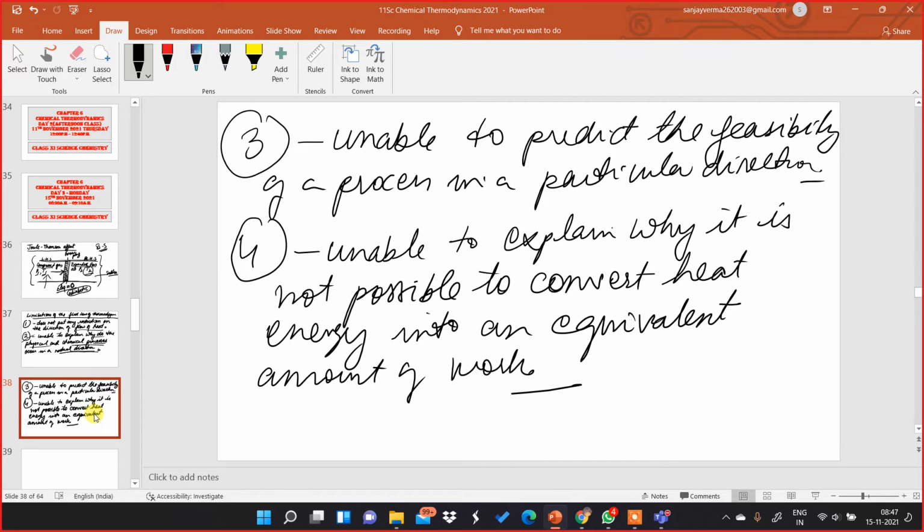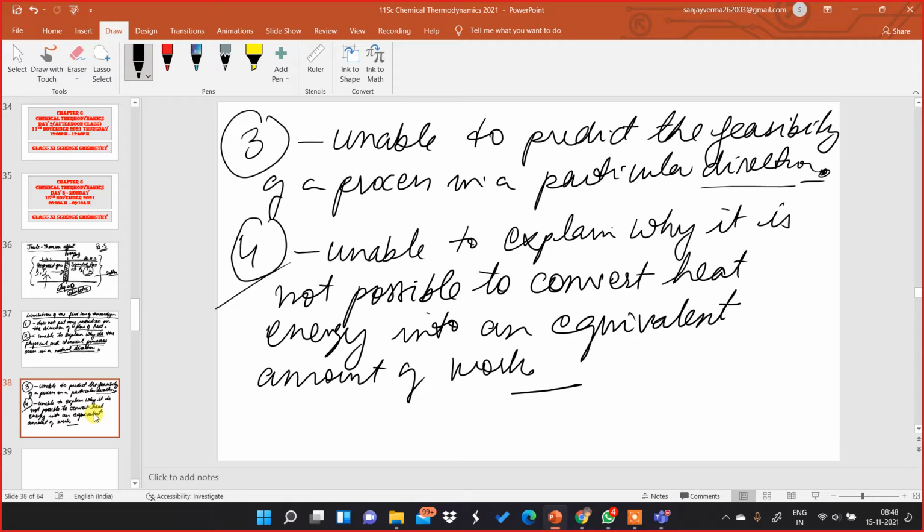Then the third one is that the first law of thermodynamics is unable to predict the feasibility of a process in a particular direction. It cannot explain whether a reaction will proceed in the forward direction or the backward direction. The fourth one is that the first law is unable to explain why it is not possible to convert heat energy completely into an equivalent amount of work.